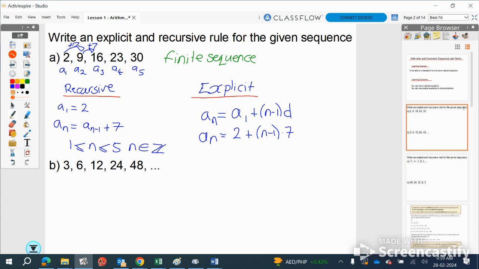For the third term, we need 2 lots of 7. 3 minus 1 is 2, 2 lots of 7. And then we can go directly to any point. If you're wanting the 15th term in a sequence, this formula is going to get you there in one step. This one's going to take a while. But the two concepts are useful in different ways.